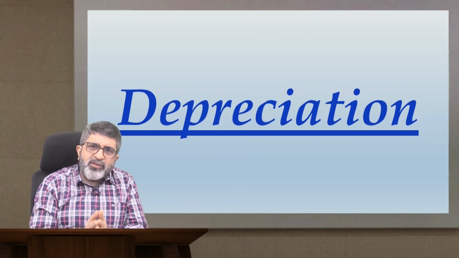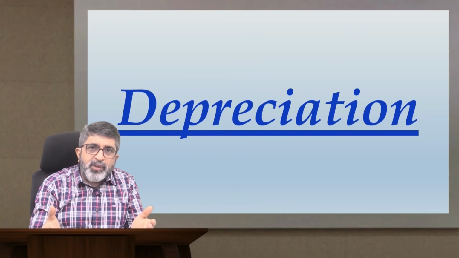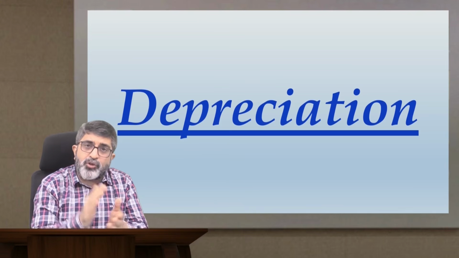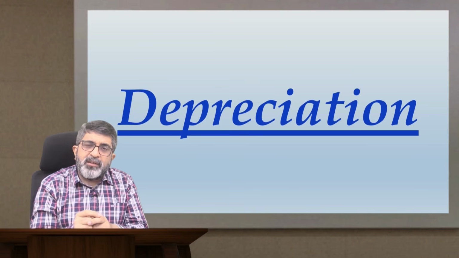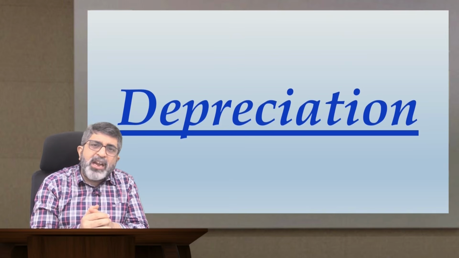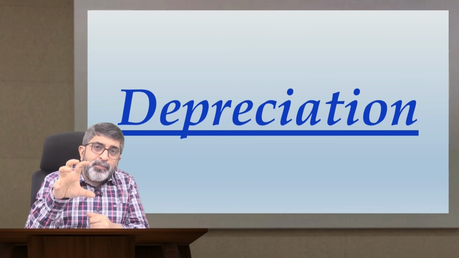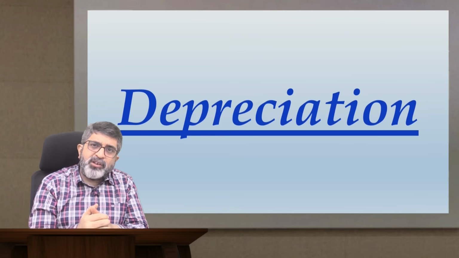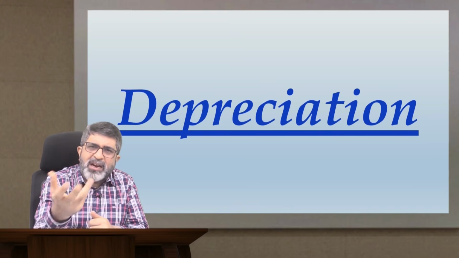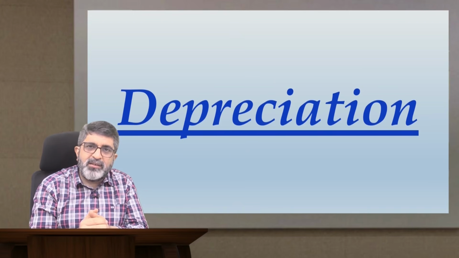For making a much smaller example, when I use a projector in my classroom for display of such content on screen, the life of the projector could be say 10 years, but the lamp which is used in that projector, the life of the lamp is hardly 1.5 years, nothing beyond that.